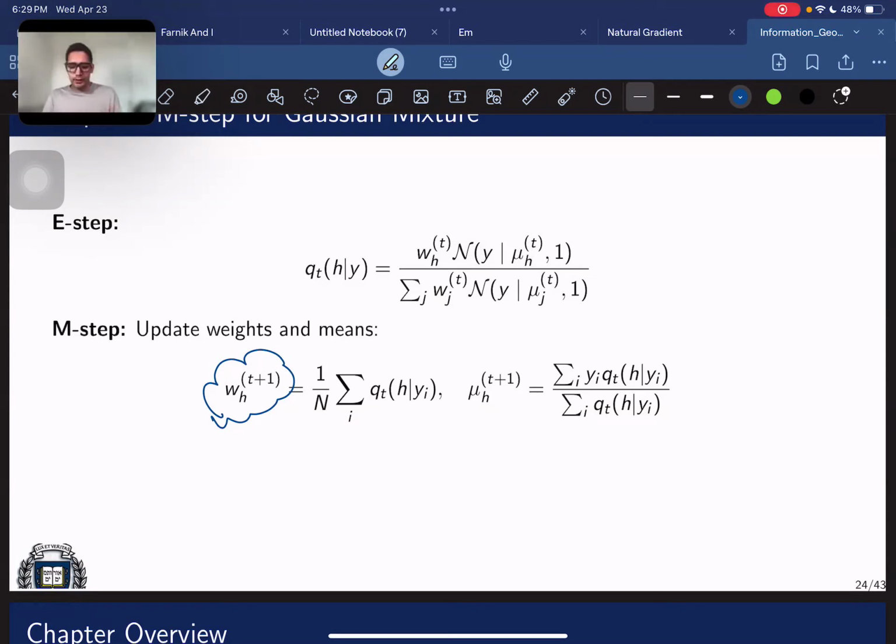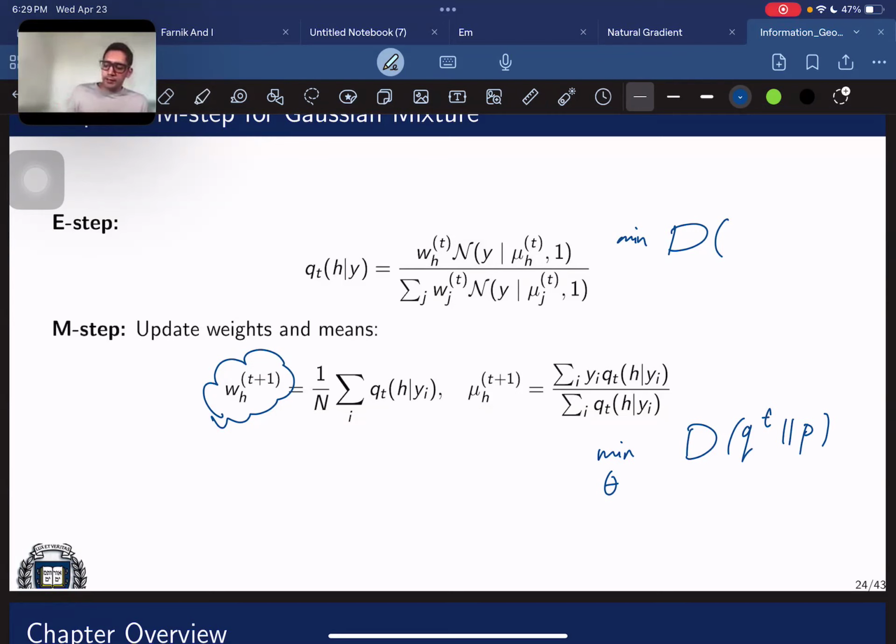And mathematically, in the first step, you are fixing your parameters. So here, given Q that you optimize, you find the parametric P that best represents your belief right now.